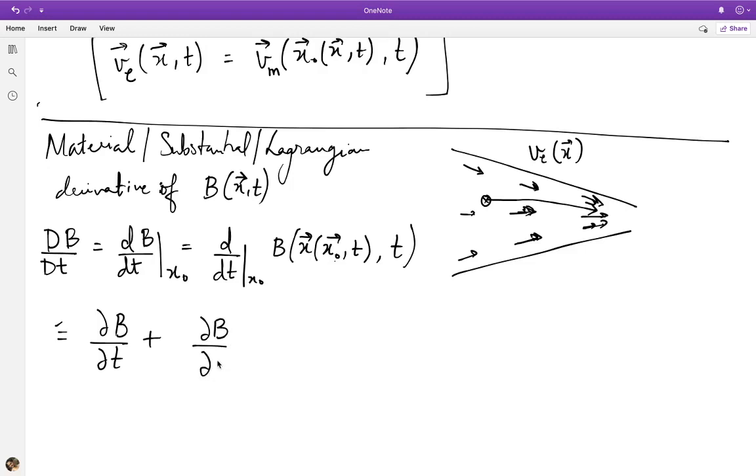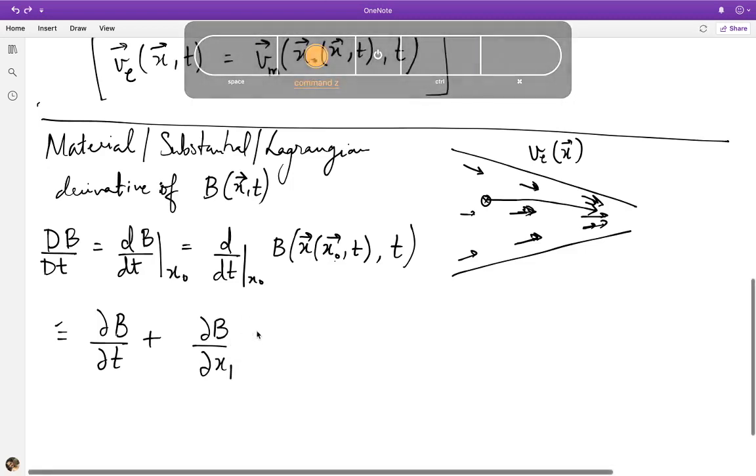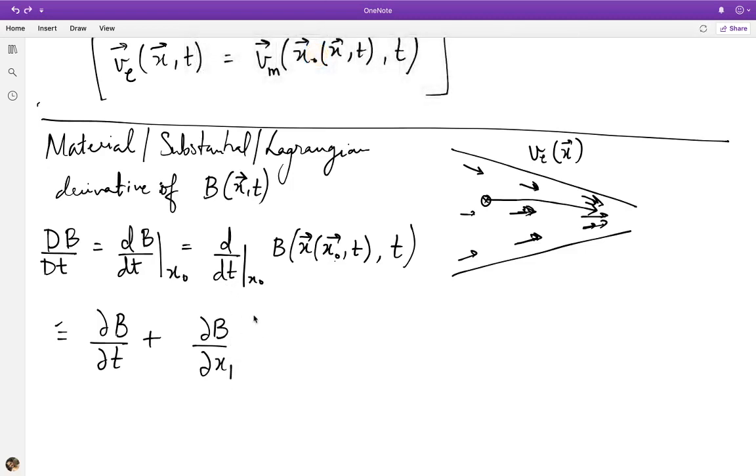Because it's a vector, I'll have to do it component by component. Then, the derivative of B with respect to the coordinate x1 times the derivative of x1 with respect to t, keeping of course the x naught position constant, and I'll have to cycle over all the coordinates, all the components of the coordinate. And so on.